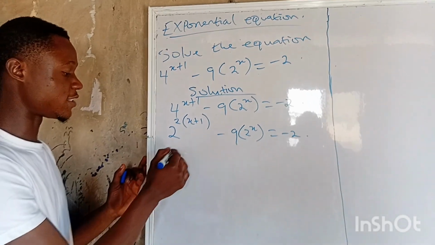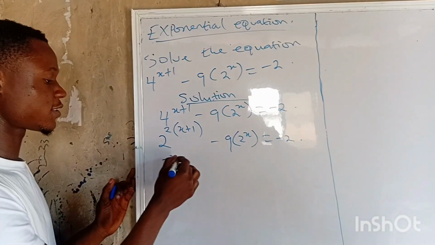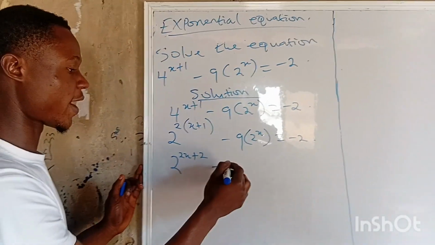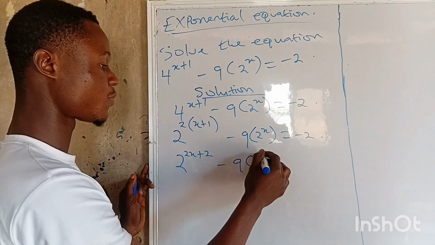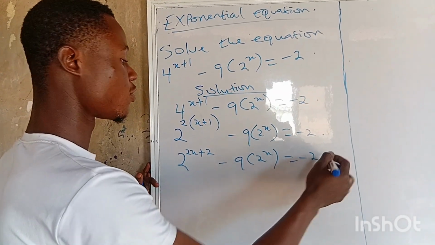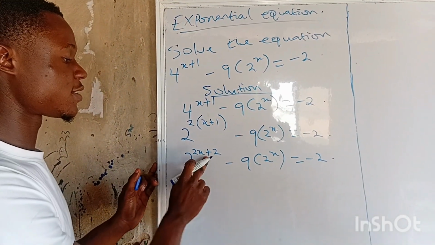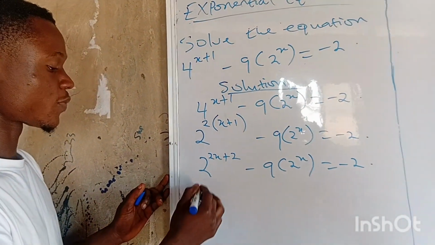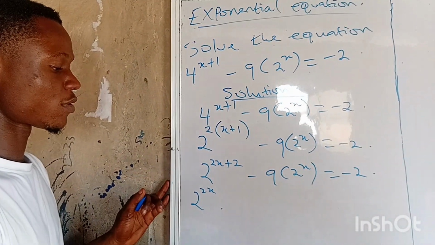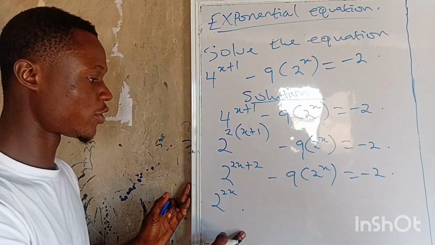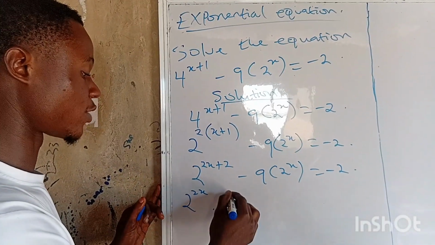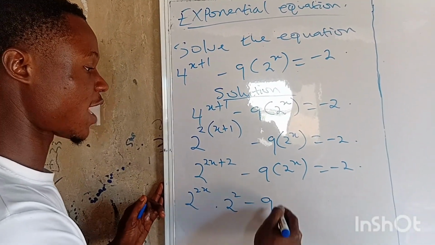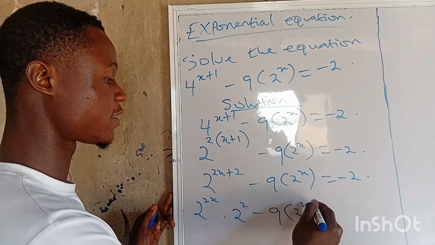Let's open the bracket here: 2^(2x+2) − 9(2^x) = −2. This plus will change to multiplication, which is 2^(2x) · 2^2 − 9(2^x) = −2, because dot simply means multiplication.